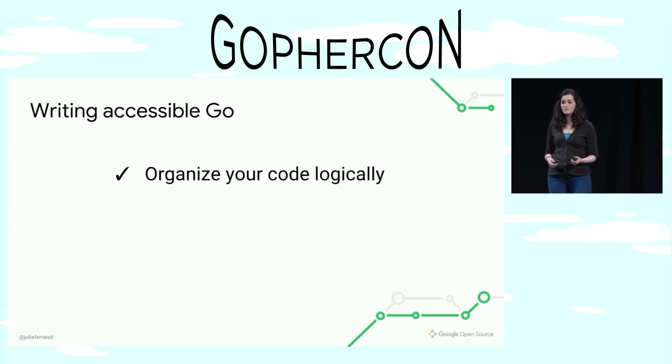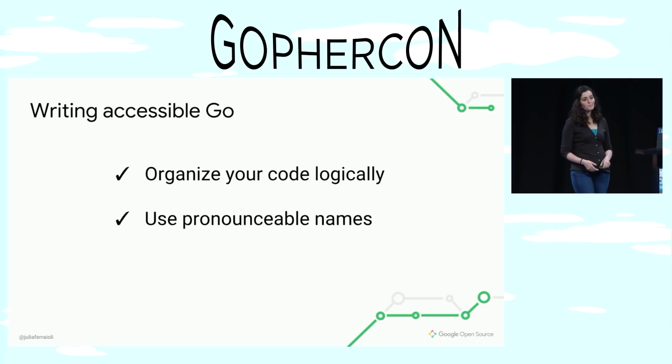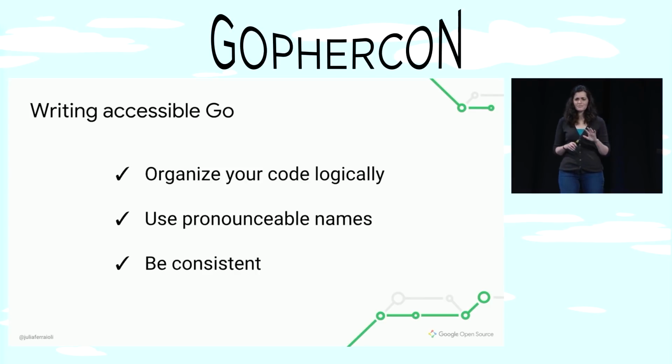Be very intentional about your new lines. Keep things close to where they're being used. Make things pronounceable. Be very cautious with concatenation. And be consistent. Consistency is really easy for everyone, right? So that one should be no problem.